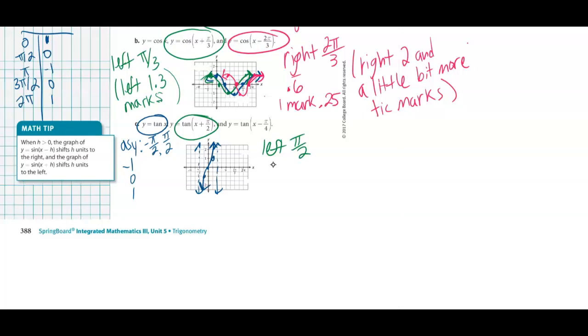And so I see that pi over 2 is every 2 marks. So I'm going to shift those asymptotes to the left, and then those points to the left.